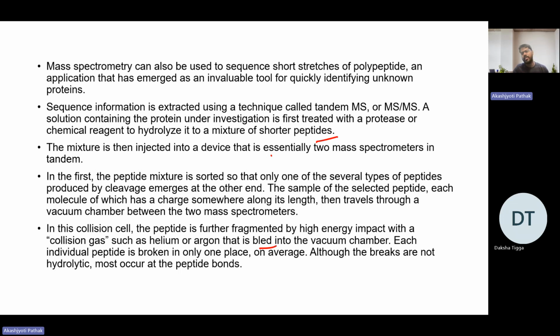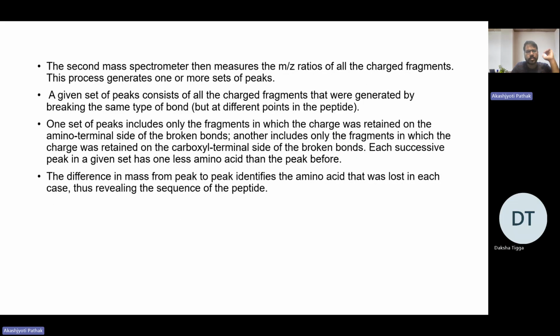So then you go for the second round of mass spectrometry. That particular peptide fragment that you selected will be fragmented again by a collision gas such as helium or argon, and then passed through the vacuum chamber. The second mass spectrometer will measure the m/z ratios of all the charged fragments.